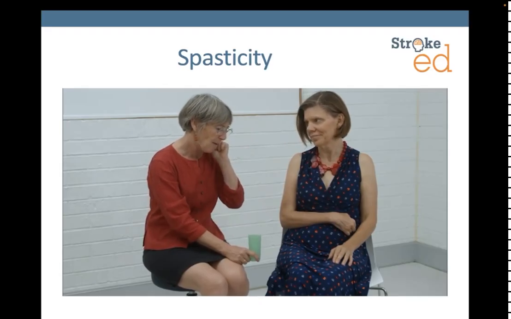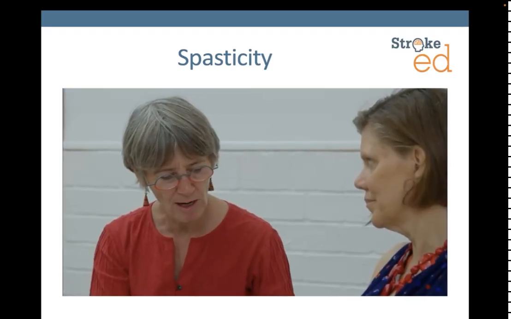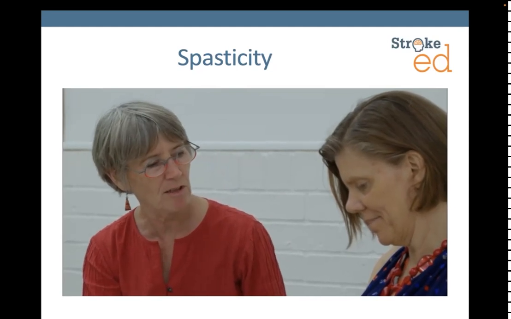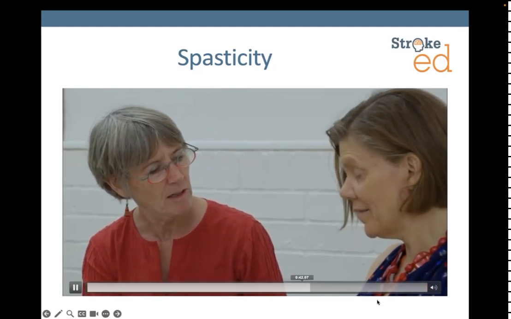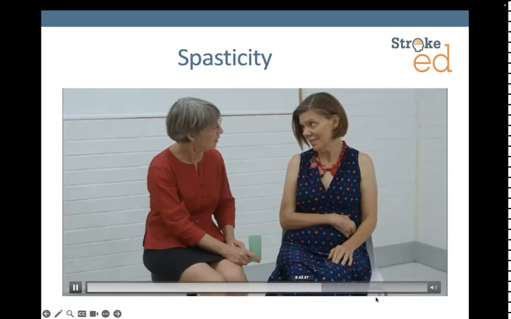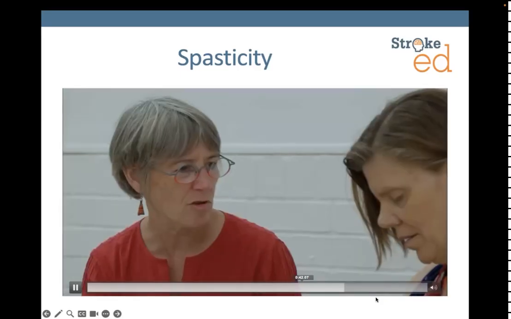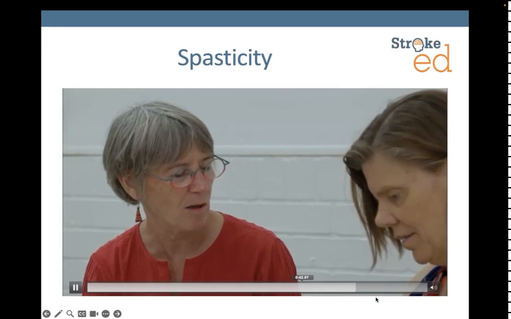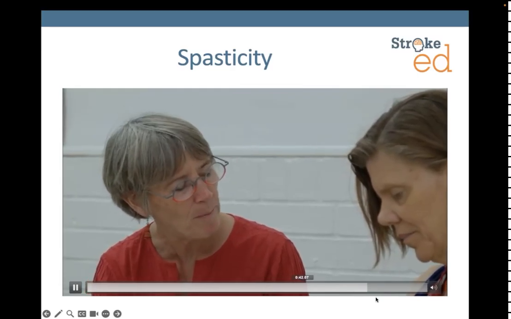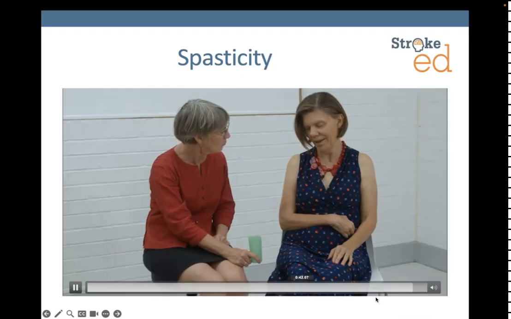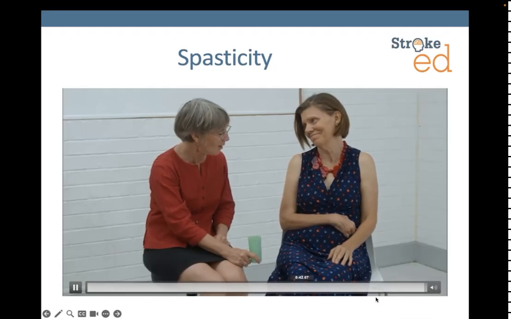Okay. What strategies do you do to try and help reduce the amount of overactivity in your fingers and your wrist and your elbow? Is that like spasticity? What sort of things do you think to try and help change the way those muscles work? Do you have any influence over them? Not really. Still no. Okay.